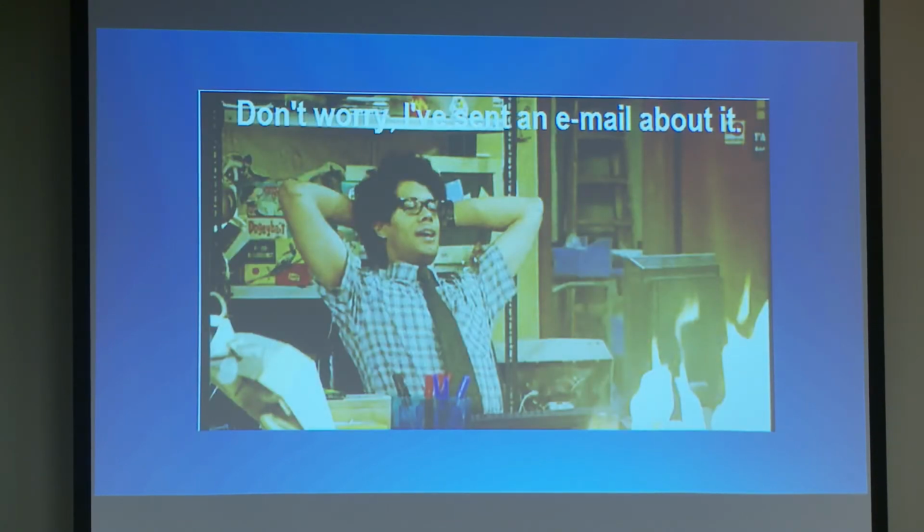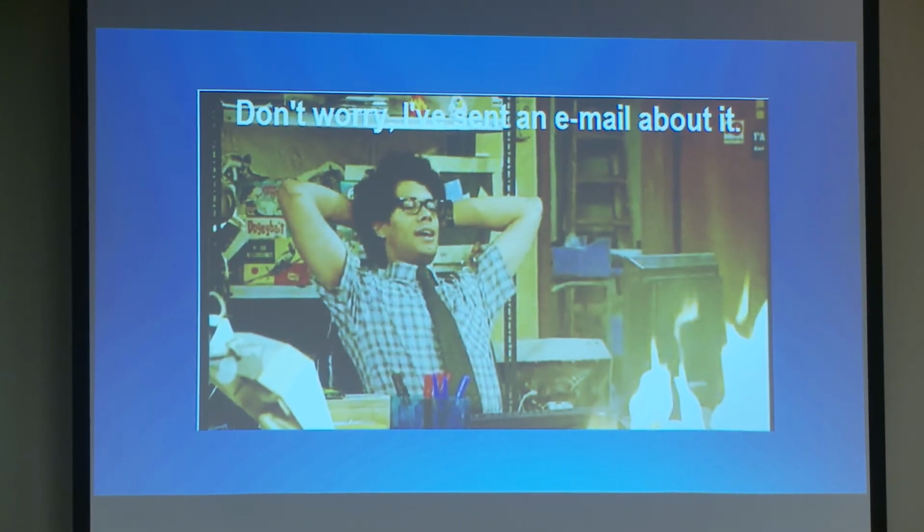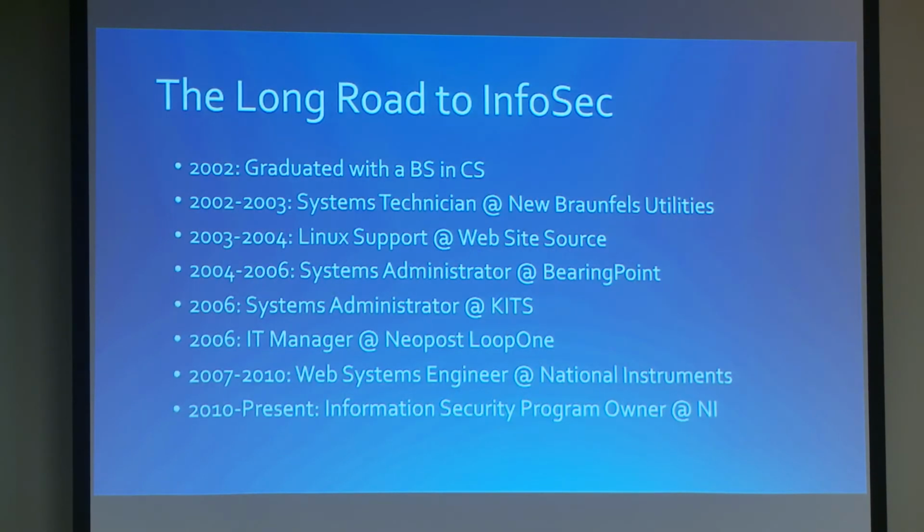All that writing code and whatnot was kind of useless once I decided to become a system administrator after graduation. I decided that programming was cool and all, but it really wasn't for me. I wanted to do something else. So I kind of took the long road into InfoSec, and the other couple of times that I've done this talk, I kind of did a survey.